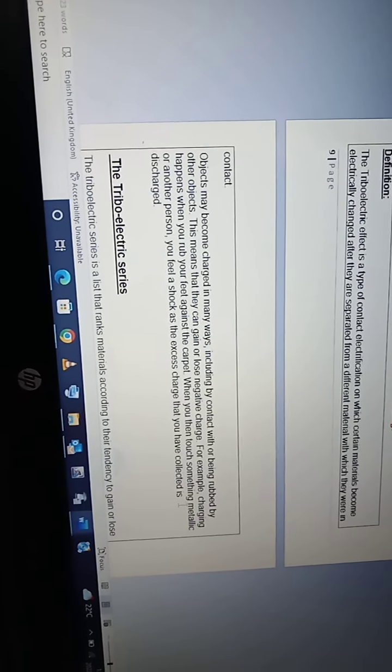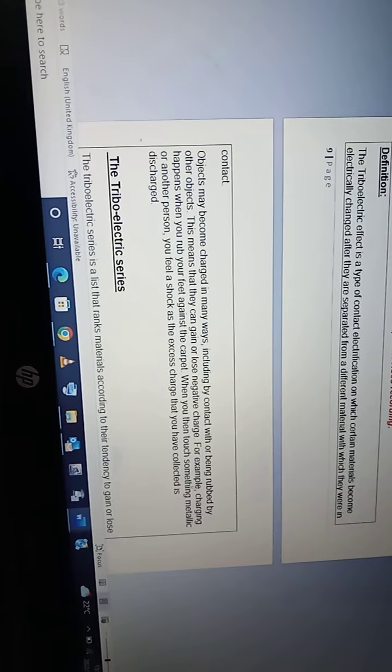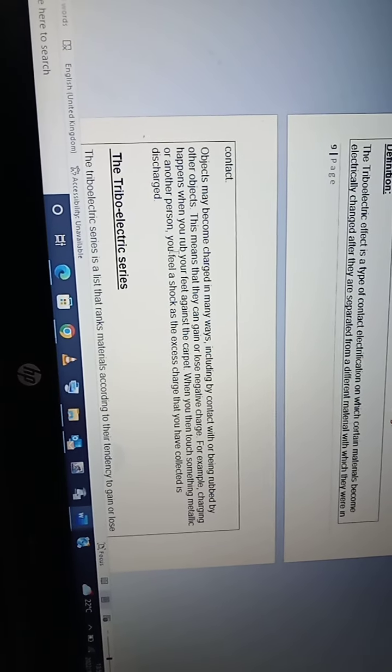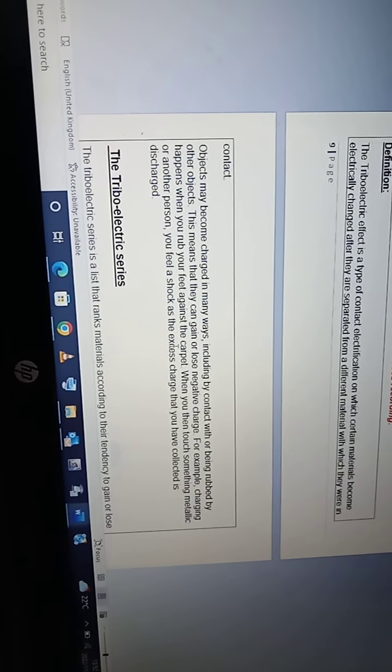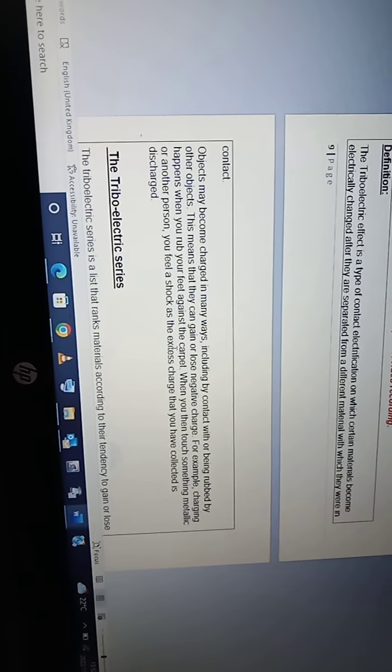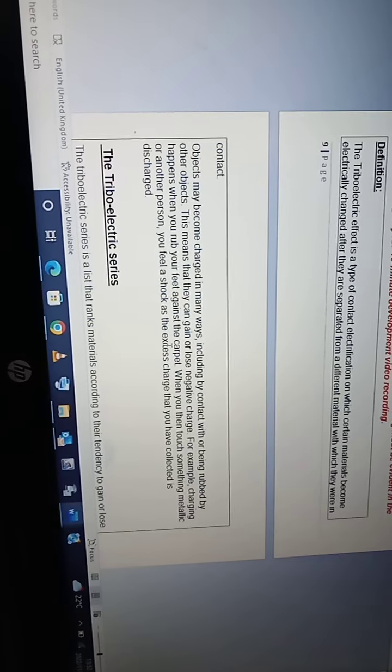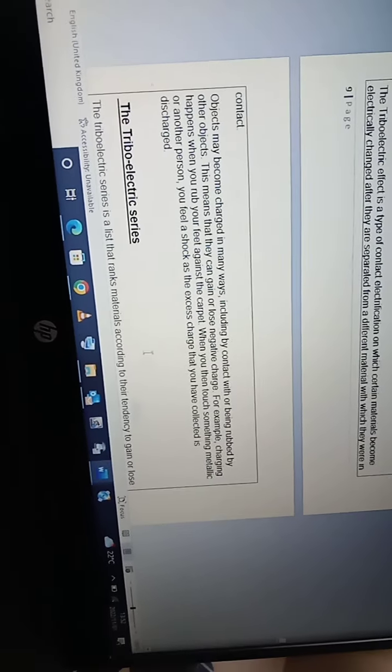This means that they can gain or lose negative electrons. For example, charging happens when you rub your feet against the carpet. I'm going to show this on the PhET simulation, with an example of how it happens.